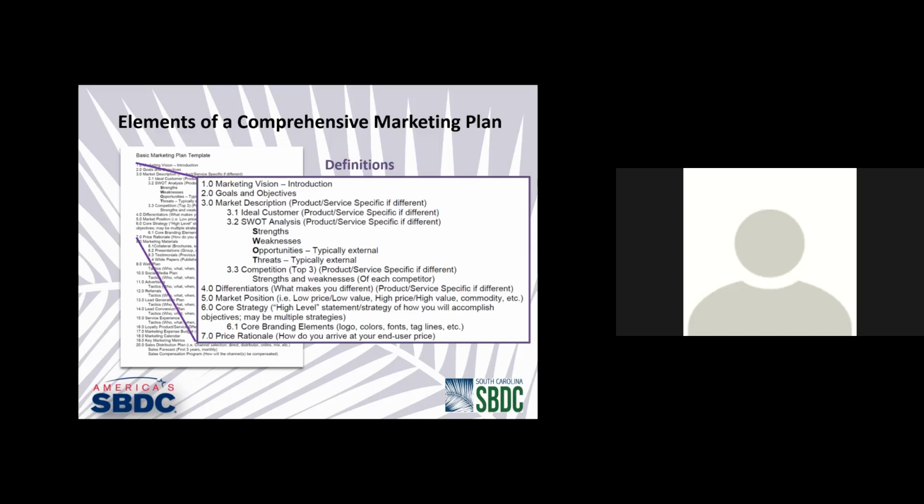That leads into core branding elements: your logo, your colors, your fonts, your taglines. Everybody knows about logos, and we'll talk a little bit about this later on. But what are your colors? Once you establish your logo, that should appear pretty much on everything, on your invoices, on your business cards, on any sort of digital or traditional marketing pieces that you have.